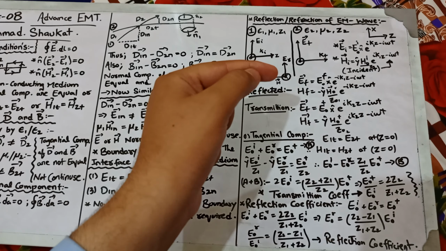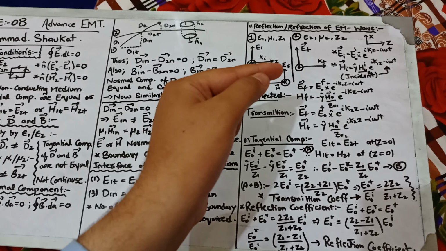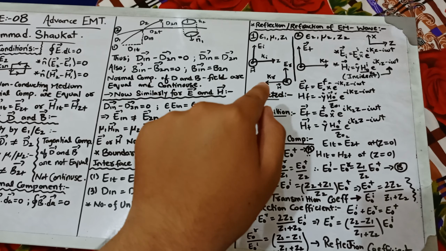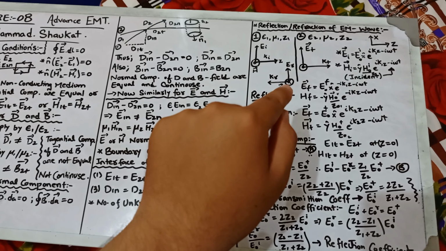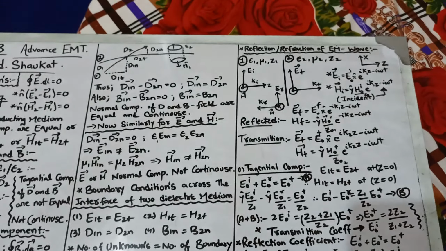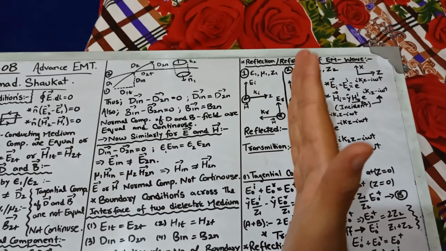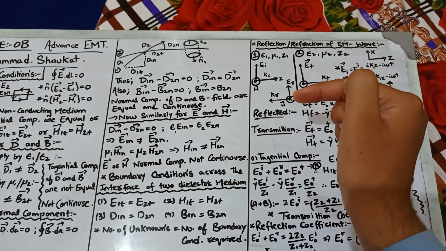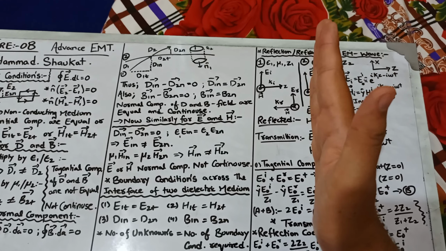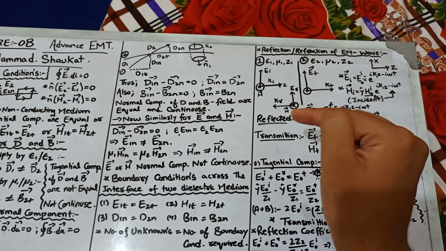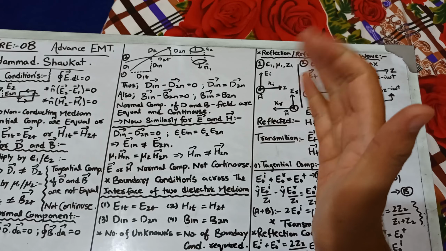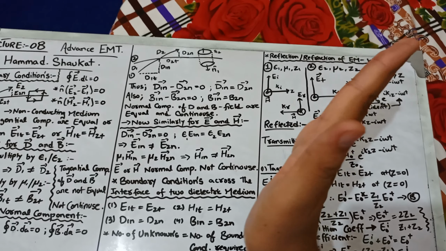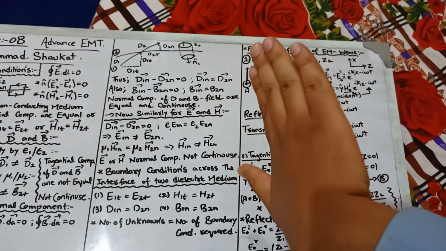But now please tell me, where is the direction of H? You can see your electric field is already in the x direction, and this is in y, and what is the magnetic field? So let's use this concept again. First of all I align my fingers in the direction of the electric field. Now I have to curl my fingers in the direction of y. Here is z, so I cannot curl my fingers in this direction. I have to curl my fingers in the opposite direction, so I have to move my hand.